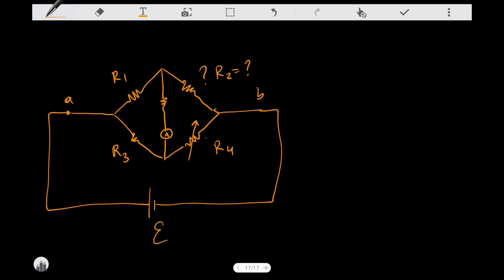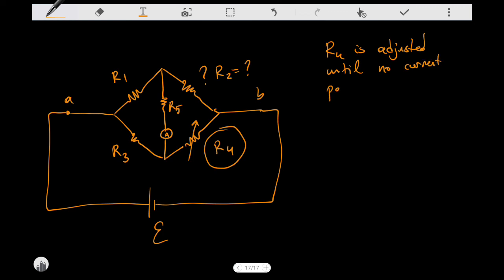So what we do is we just adjust the resistance R4 until no current passes on that branch. So R4 is adjusted until no current passes over R5.